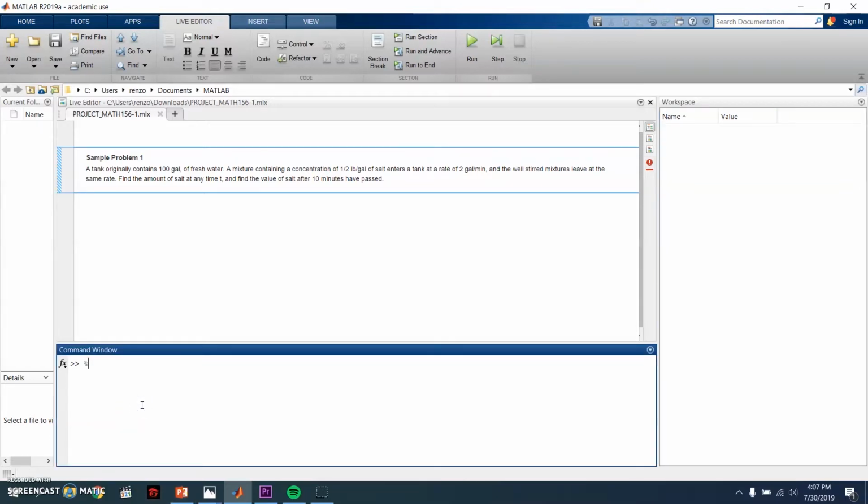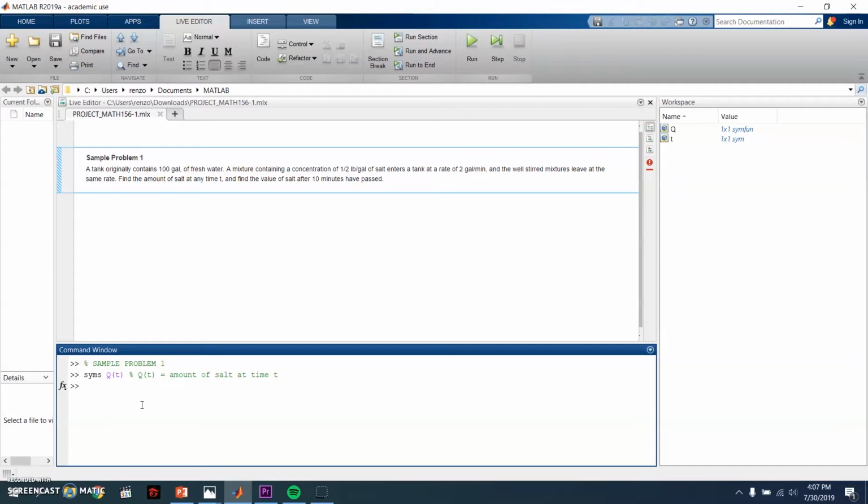So to solve this problem using MATLAB, the sample problem 1, you need to enter the following codes, which is syms Q of t. So this will enter the values for Q of t, which is the amount of salt at time t.